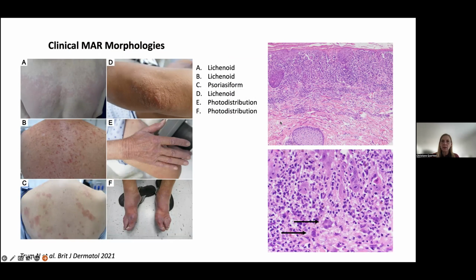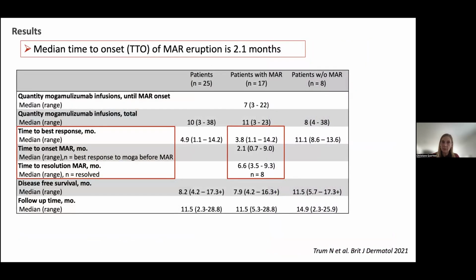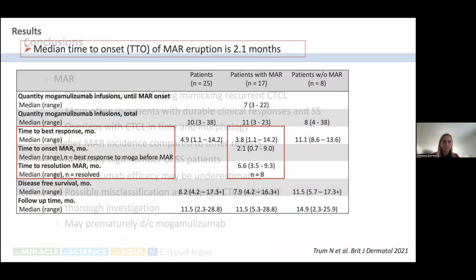You have to apply immunostains and TCR to be fully sure whether this is a rash or CTCL. We know that patients who have a rash respond better and have better outcomes. The rash usually starts in the second to third month in responding patients.